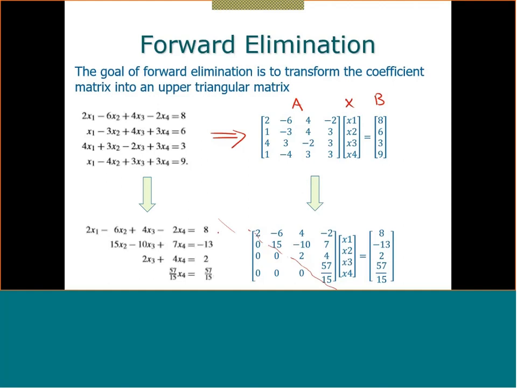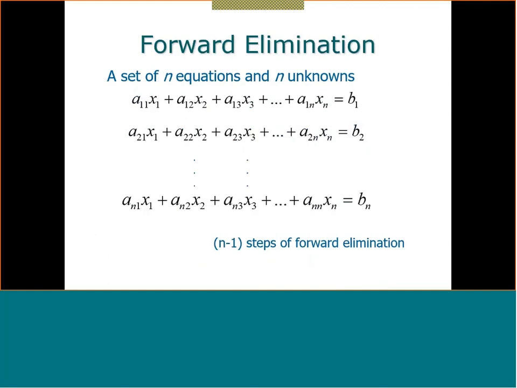Okay, so let's see how we will do this. We'll start with this set of equations: a11 x1 plus a12 x2 until xn. So we have n variables, and as you know, if I have n variables, I have to have n equations. Now to do the forward elimination, I need to do n-1 steps of forward elimination.